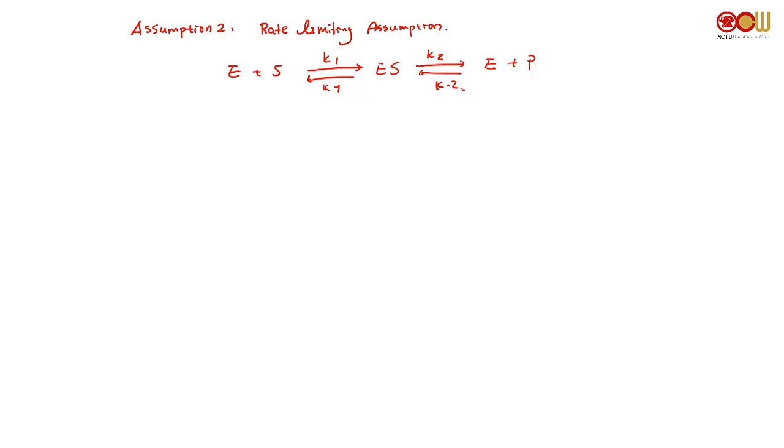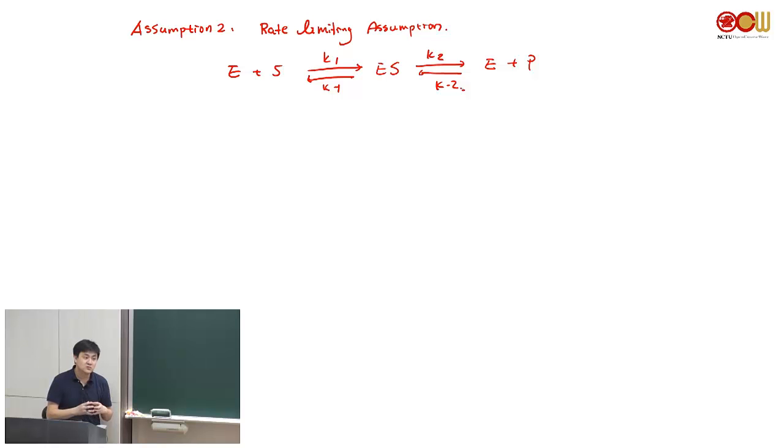For the most part, the concentration of the substrate is going to be much larger than the concentration of the enzyme. Think about this. Enzyme is a large molecule, and the substrate is a small molecule. So naturally speaking, you will not have more catalyst than your reactant. Even in chemical reactions, we know that.